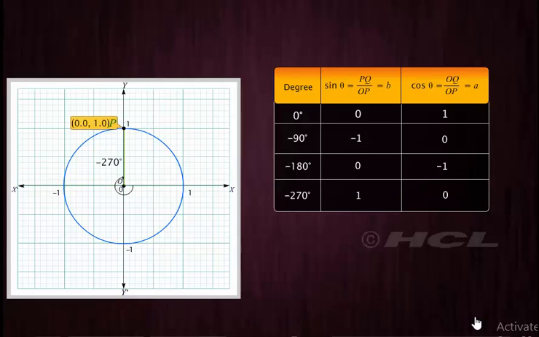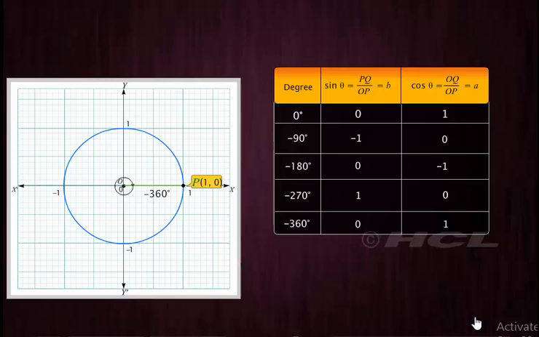Similarly, for the angle -270 degrees, the value of sine theta becomes 1 and the value of cos theta becomes 0. And for the angle -360 degrees, the value of sine theta becomes 0 and the value of cosine theta becomes 1.